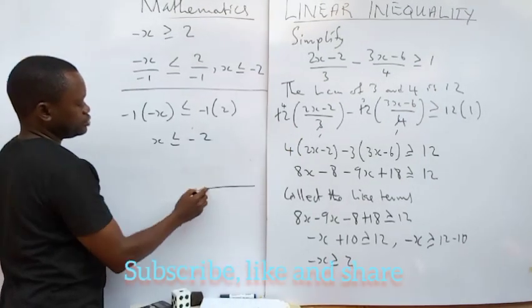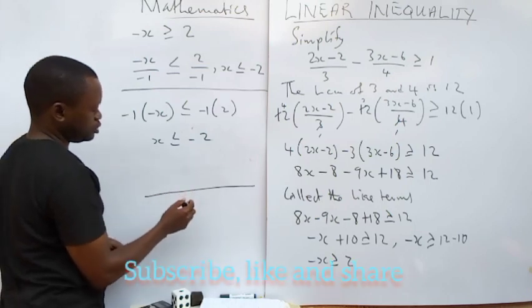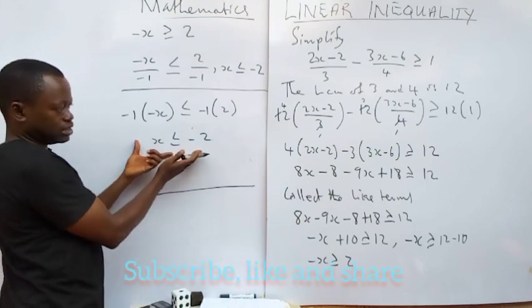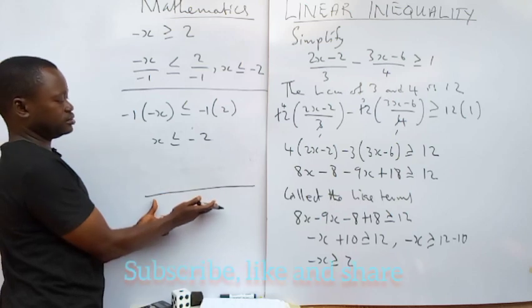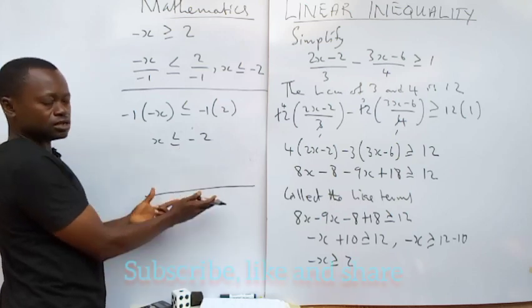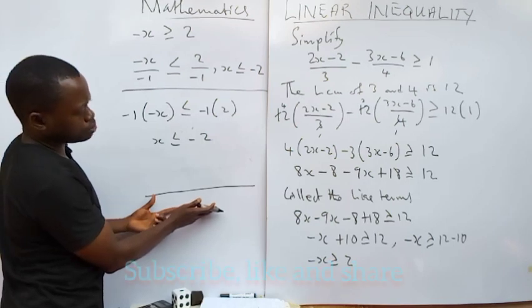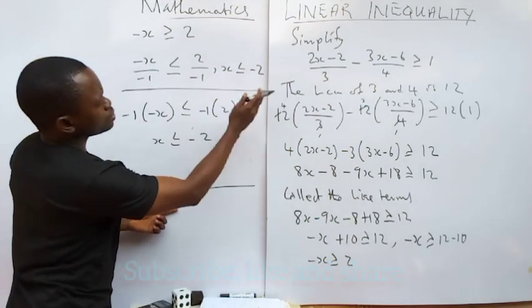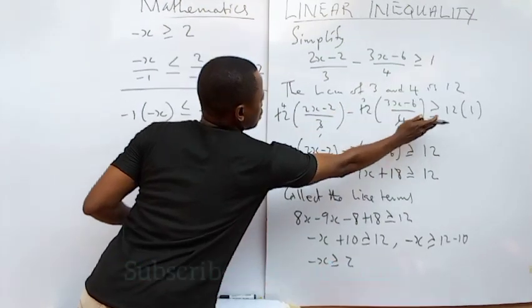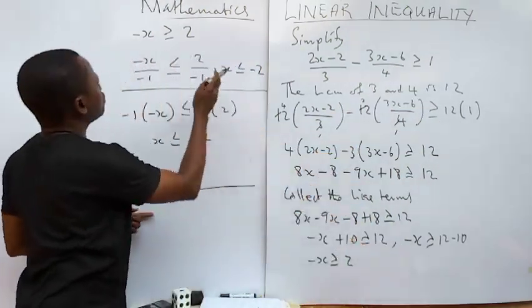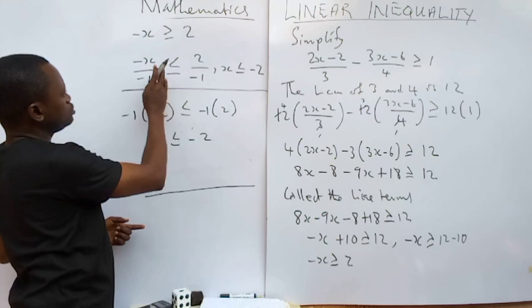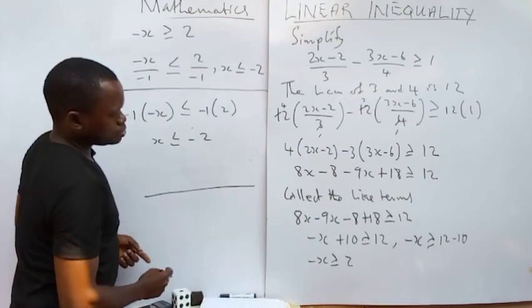And on the number line, I'm sure you can present this on the number line. I hope there is no mistake in what I wrote here, in the use of the inequality. There's none. You've been working with greater than or equal to, greater than or equal to, until you get down to this place, and then doing this, the inequality sign changes.